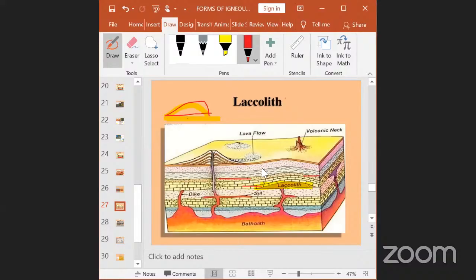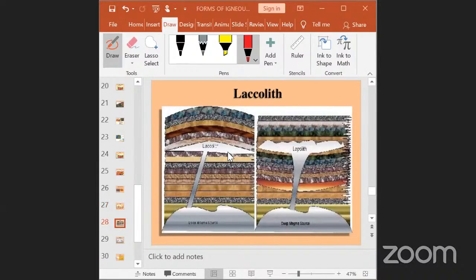This gives the shape of an inverted bowl to the igneous body. The laccolith may also be formed when the supply of magma from beneath continues.